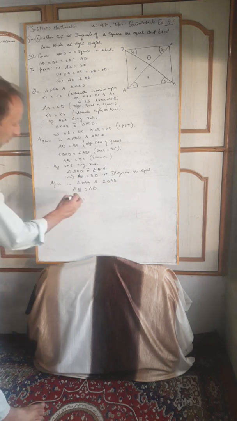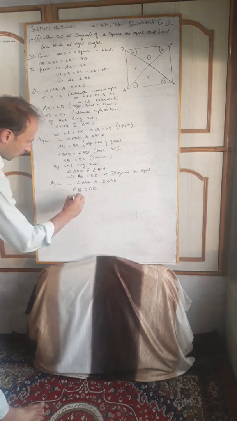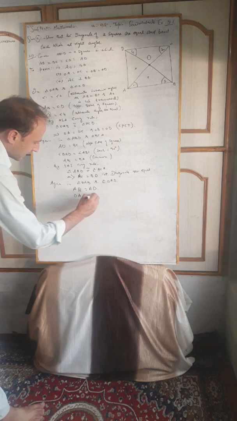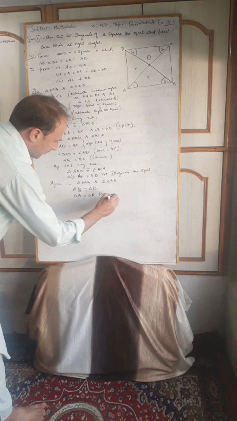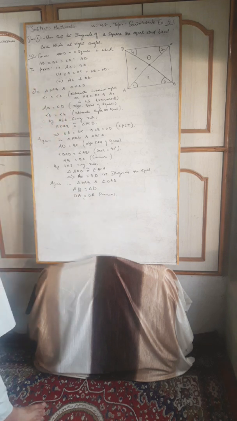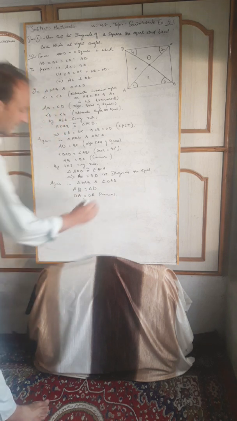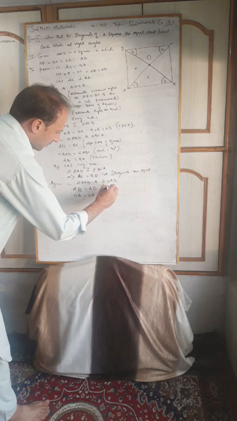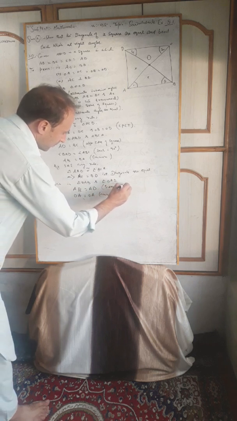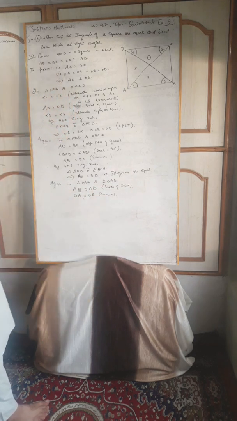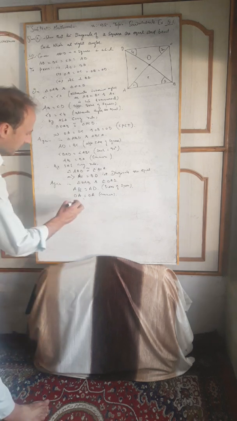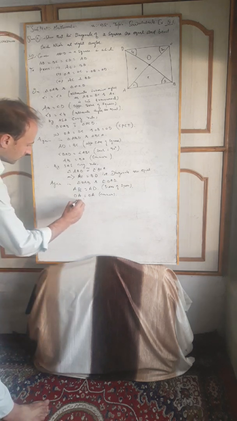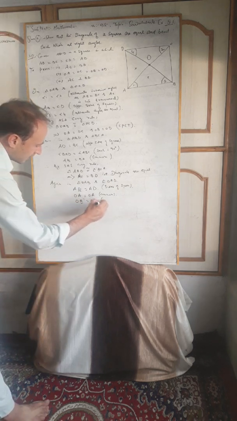OA is equal to OA, that is common. Here AB is equal to AD because these are the sides of a square. Sides of a square are always equal. OA is equal to OA, that is common, and OB is equal to OD as proved earlier.